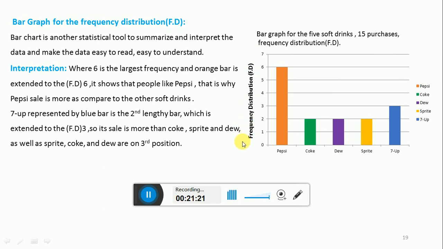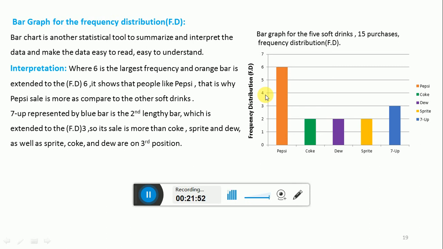And as I told you in the previous slide, we will plot the classes, the groups, the data items on the horizontal axis, like Pepsi, Coke, Dew, Sprite and 7-Up. And we will plot the frequencies on the vertical axis: 1, 2, 3, 4, 5, 6, 7. These are the frequencies on the vertical axis.